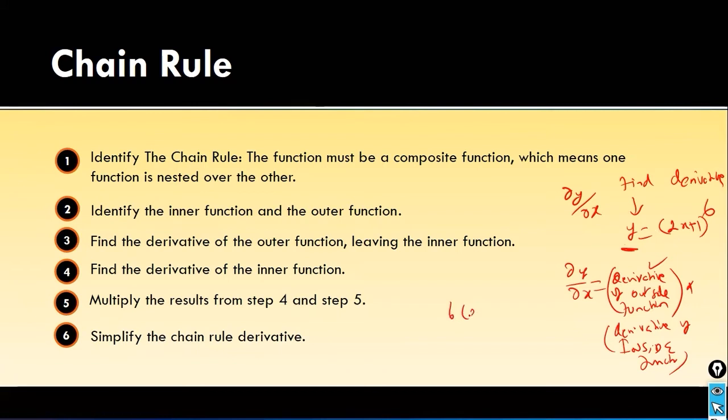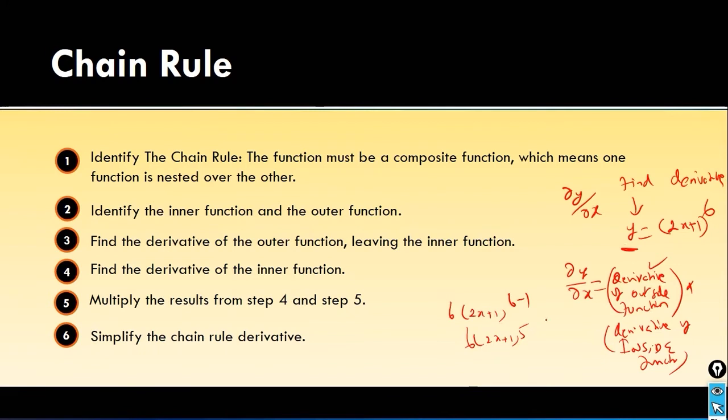6 into (2x plus 1) raised to the power 6 minus 1. This will give you 6 into (2x plus 1) to the power 5. And then if you take the partial derivative of this one, what will happen?